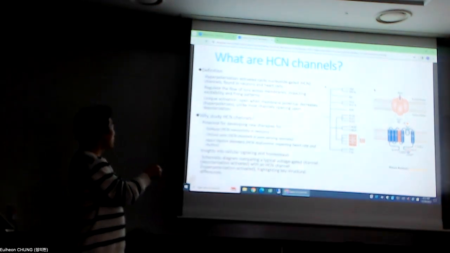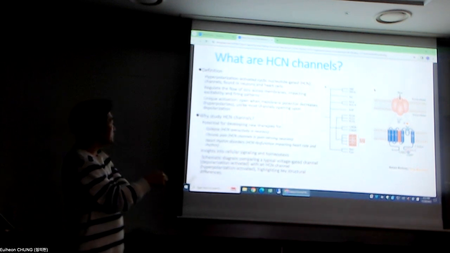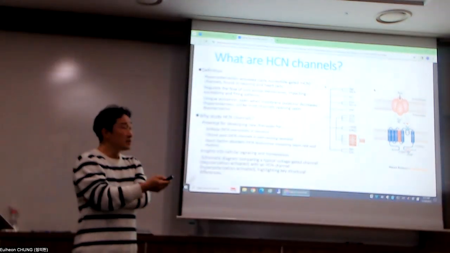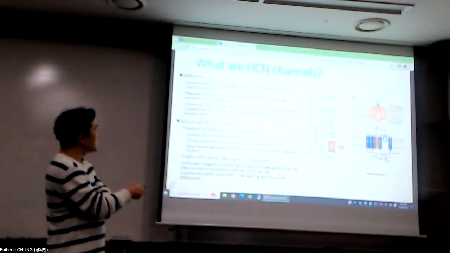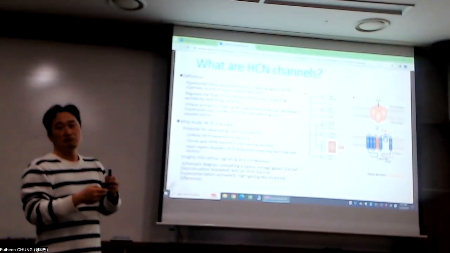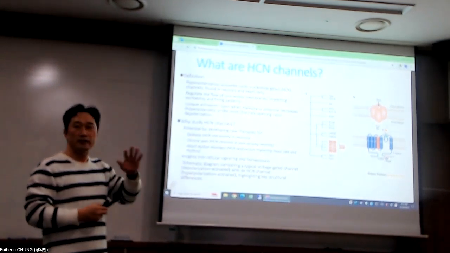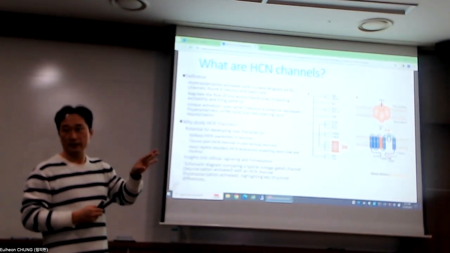Again, hyperpolarization-activated cyclic nucleotide-gated channels are on neurons and heart cells. So not just the heart cell, but also neurons. In other words, the brain too. So this is the diverse expression pattern of the HCN channel.